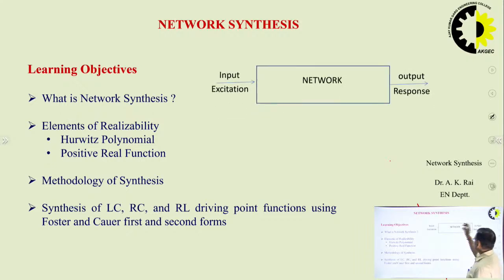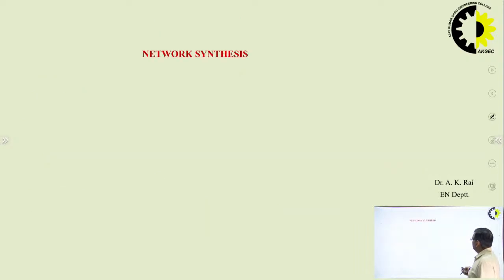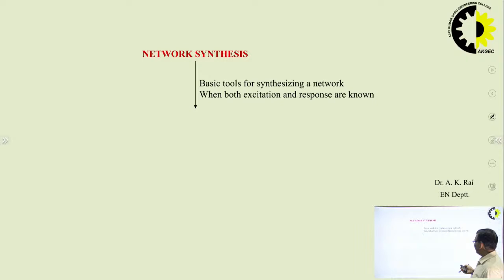Just reminding, this is the network, it is excited by input and we get the output. The input and output are known and you are required to design and fabricate a network. That problem is network synthesis. So, if you summarize, what are the tools required for synthesizing a network when input and output are known?